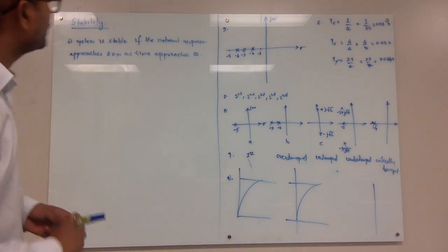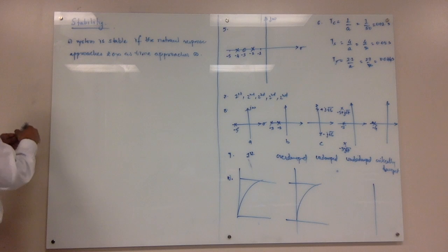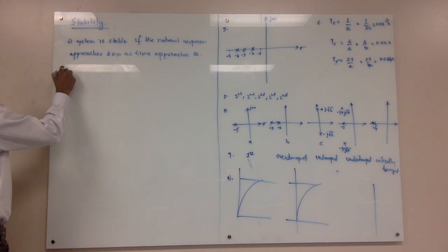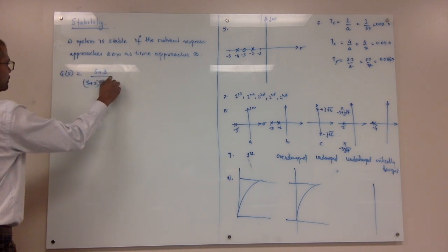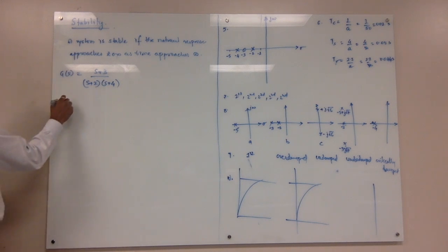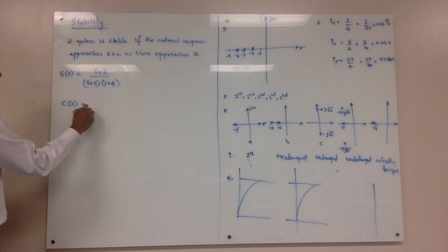So for example, let's look at this. You have this system, right? We talked about it. What is C of S for a unit step input?